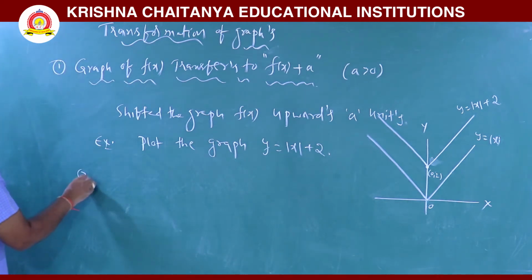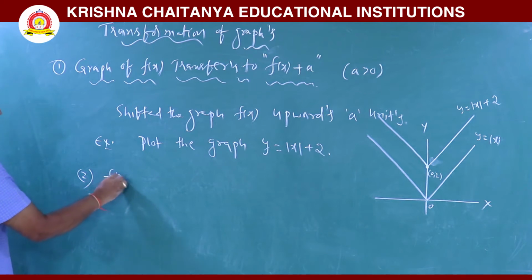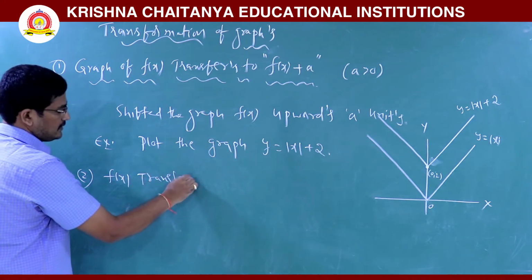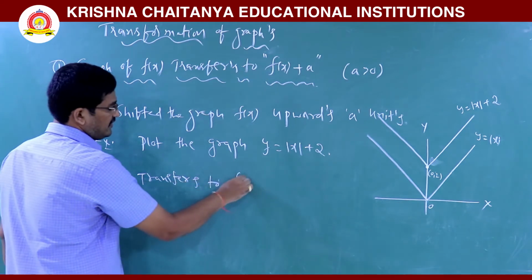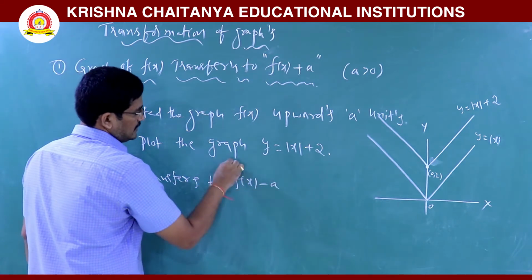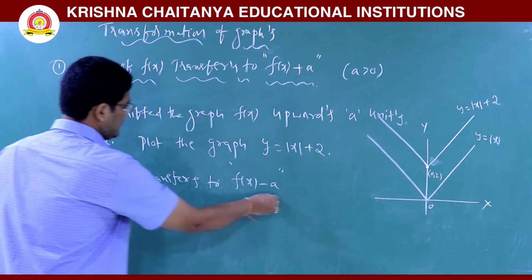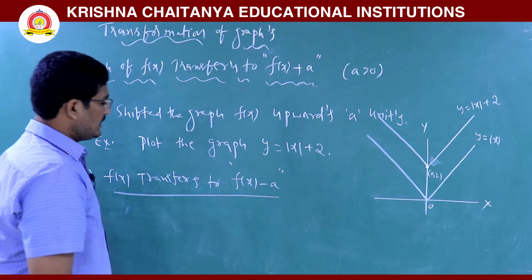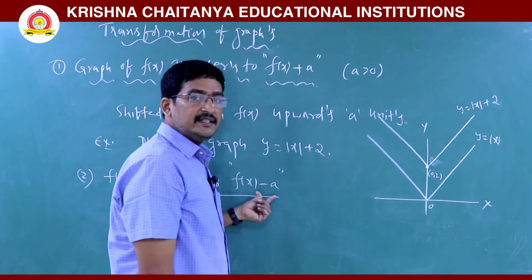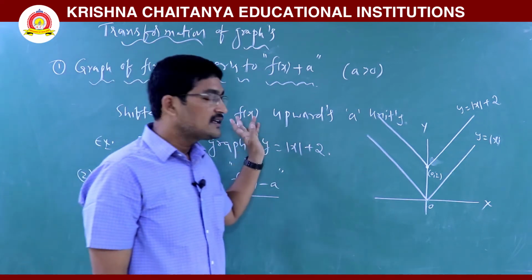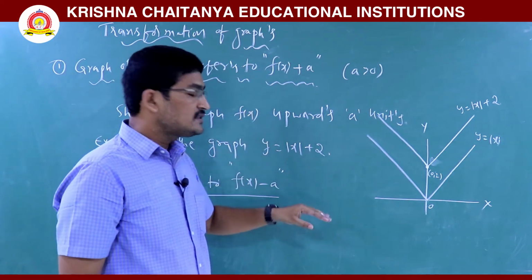So I am taking one more transformation, that is f of x transforms to f of x minus a. I hope you understand this easily. Here also a is positive. So to get the curve f of x minus a, you just have to shift the curve f of x downwards a units.